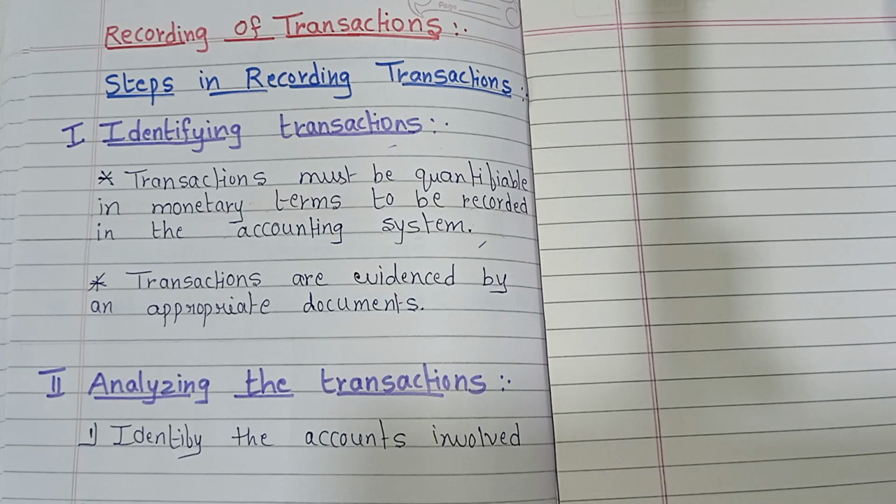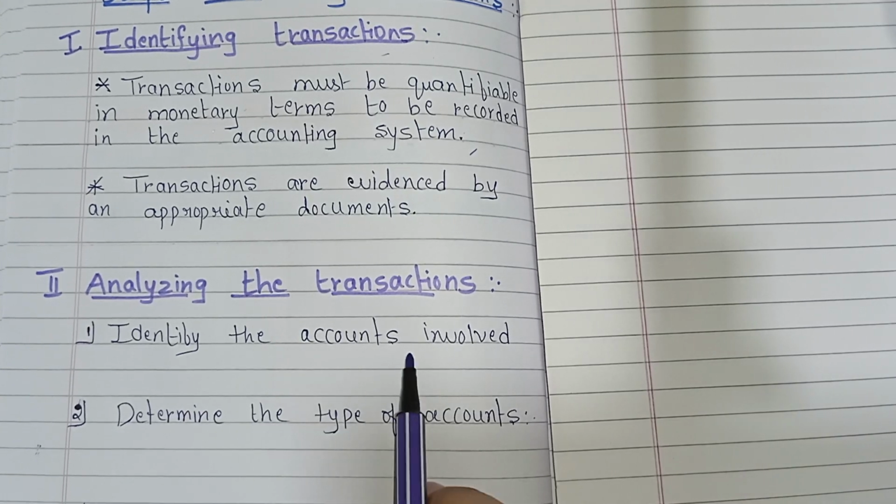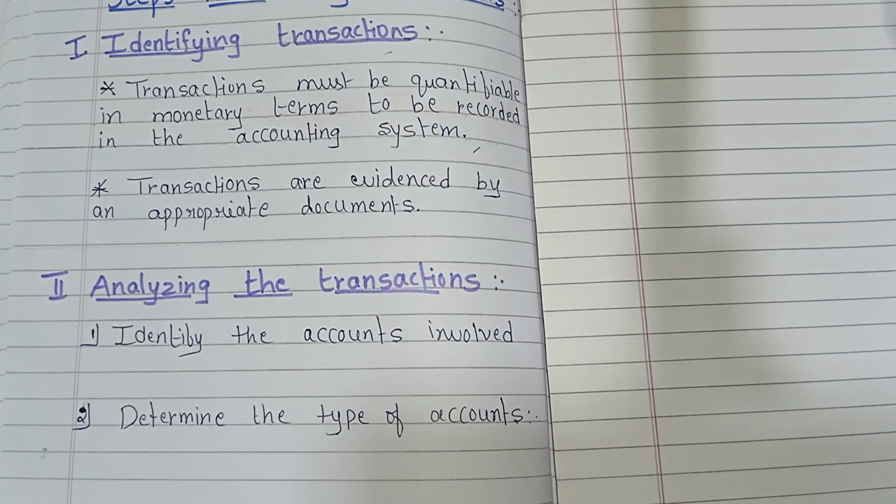In analyzing the transactions, first we have to identify the accounts involved. So, we need to determine which accounts are affected by the transactions, like cash, sales, or rent expenses. These are the accounts affected by the transaction.